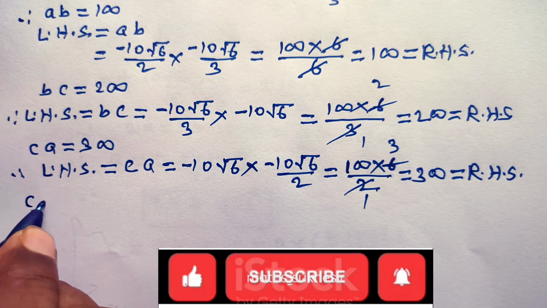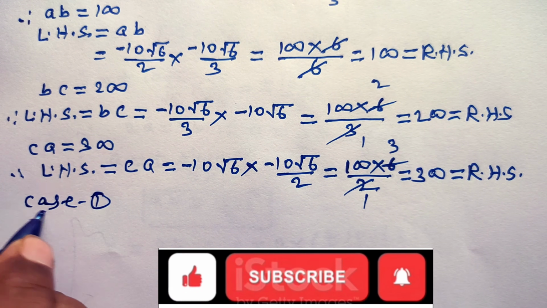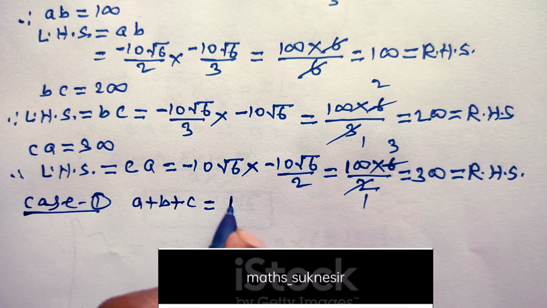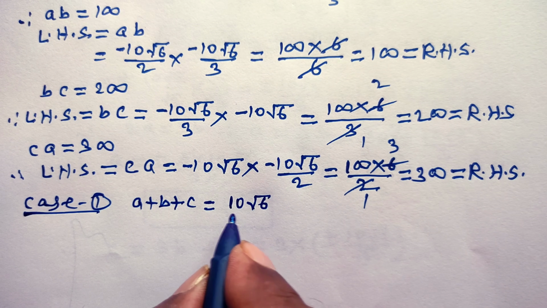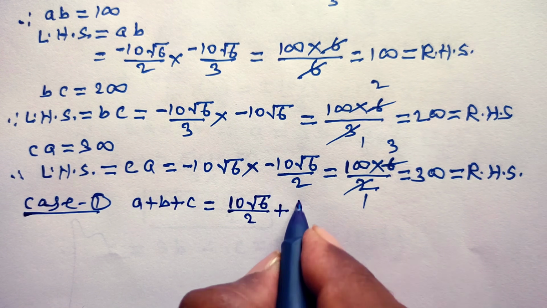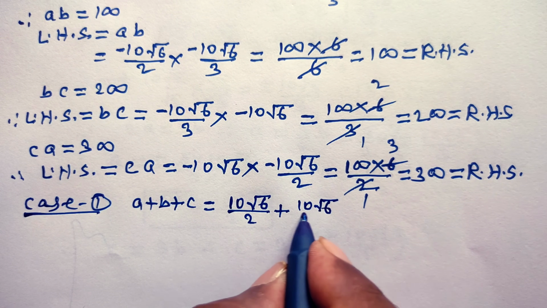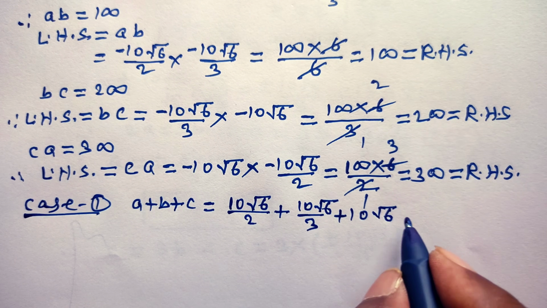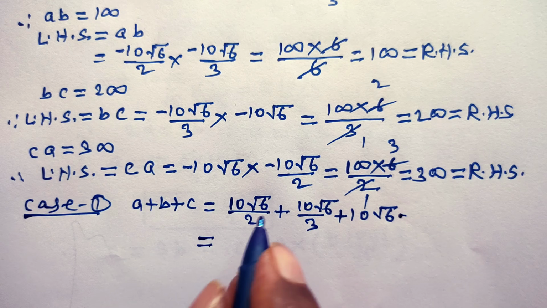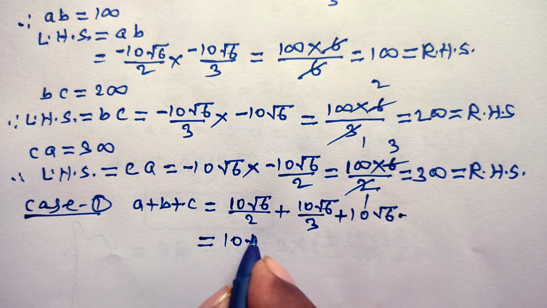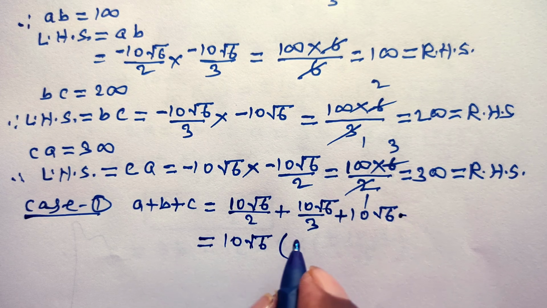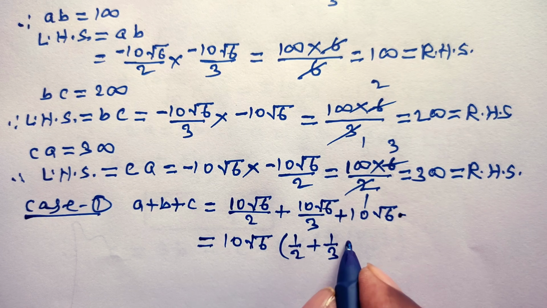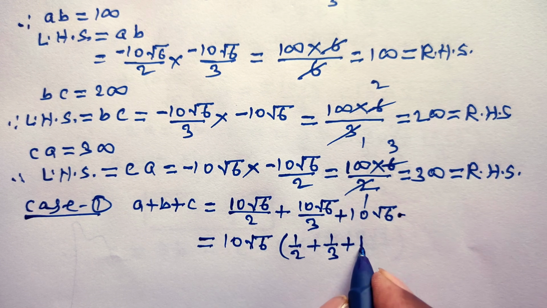For case number 1, A plus B plus C is equal to 10 times square root of 6 divided by 2 plus 10 times square root of 6 divided by 3 plus 10 times square root of 6, and this is equal to, we can take 10 times square root of 6 common, into bracket remains from first term half, from second term 1 upon 3, and from third term 1 only.